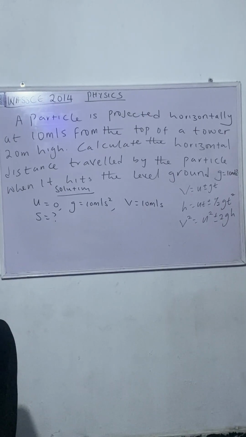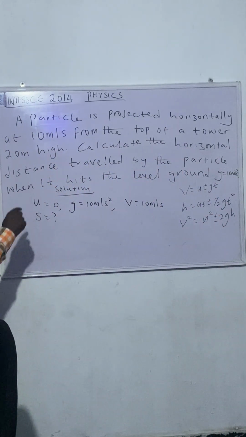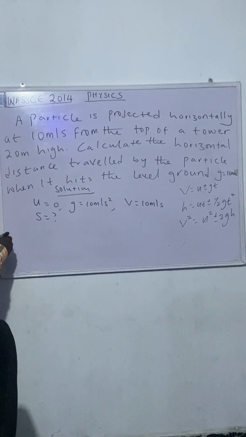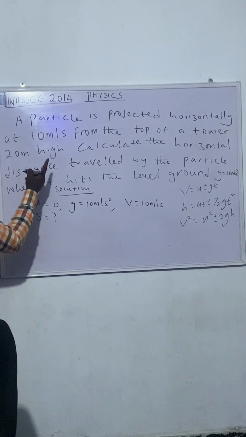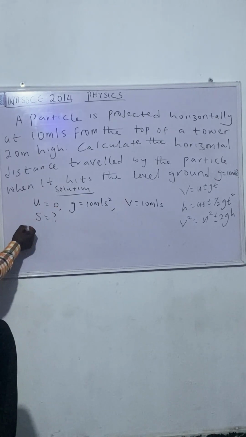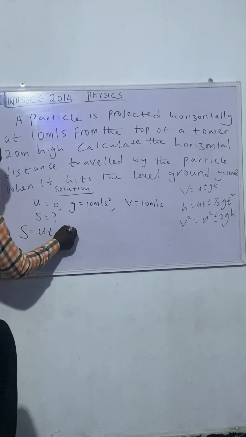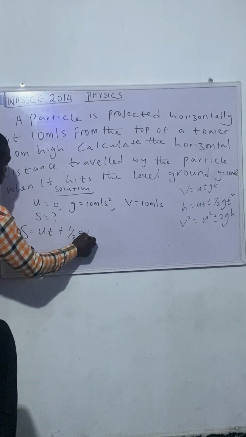The reason why I'm writing plus or minus is that if the object is coming down, you use plus. If the object is going up, you use minus. So in this case, we're going to be using plus because the object is coming down. Which of them is suitable? Obviously, that's the one that is suitable: x equals ut plus half gt squared.